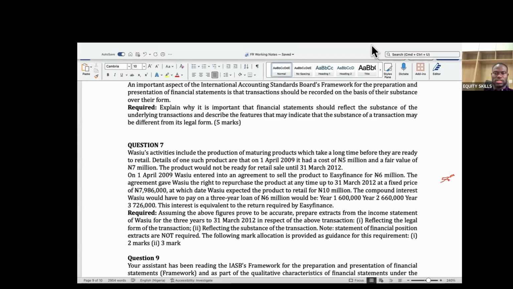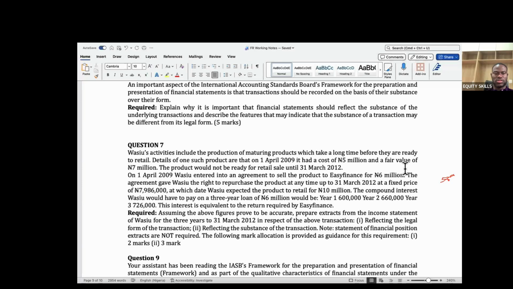Prepare extracts from the income statement of Wasiu for the 3 years to 31st March 2012 in respect of the above transaction, 1, reflecting the legal form of the transaction, 2, reflecting the substance of the transaction. Note, statements of financial position are not required. The following marks are provided as guidance for this requirement: 1, 2 marks, 3.